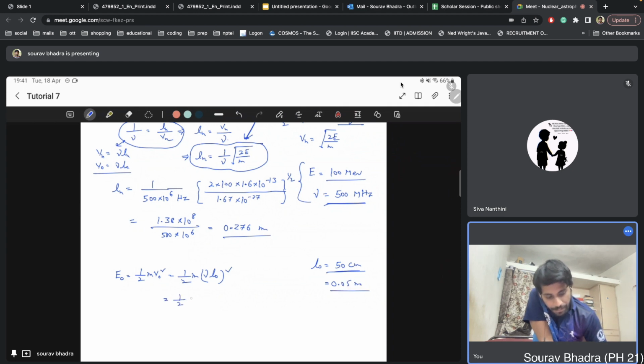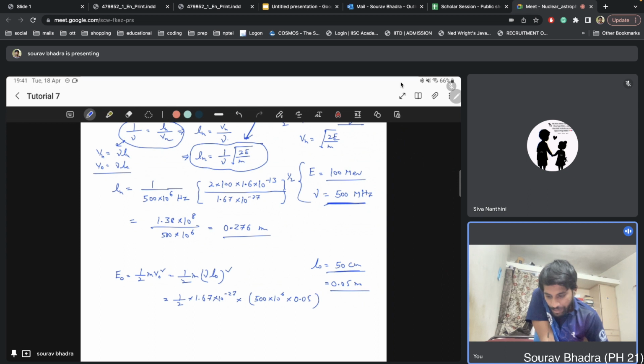Nu I have told you, this is the same problem, another part of the problem: 500 megahertz is given. So m is 1.67 10 to the power minus 27, nu is 500 10 to the power 6 hertz, and L0 is 0.05 meter.